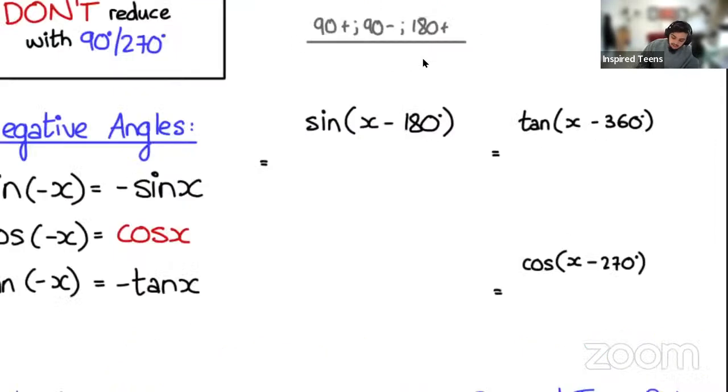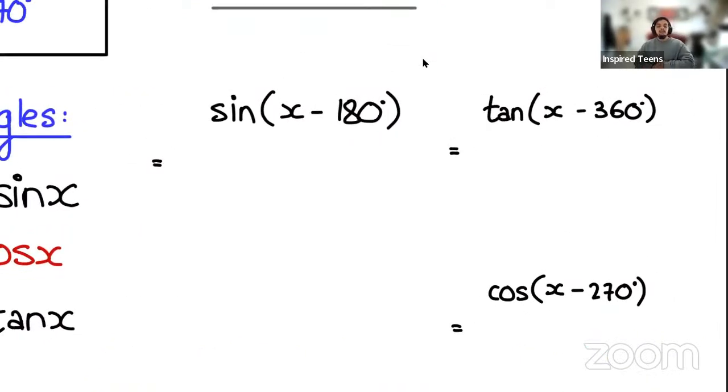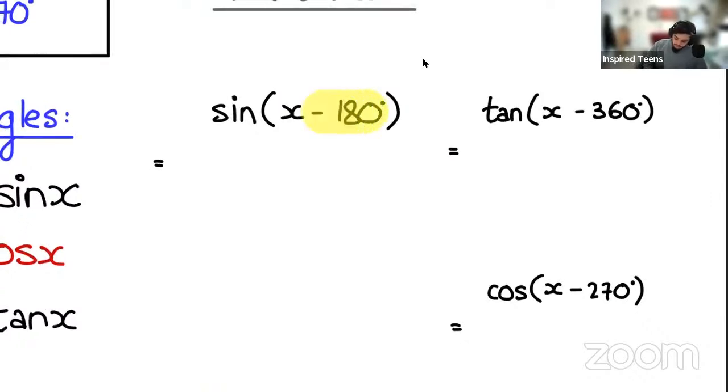All right. But how do we actually apply them? If we look at sine of x minus 180, this next example, what's different about this? What's crucial is that we have a negative reduction angle. The angle that we were reducing with, which is 180, is negative.